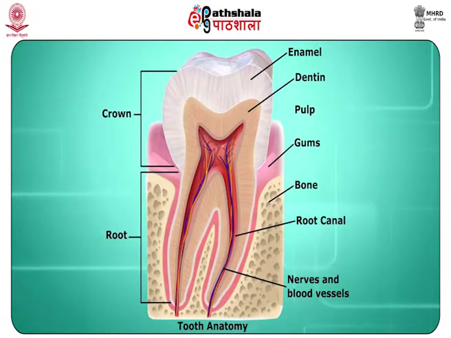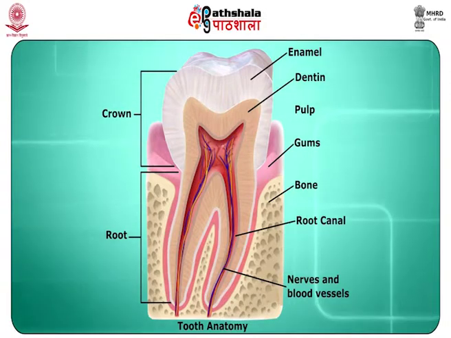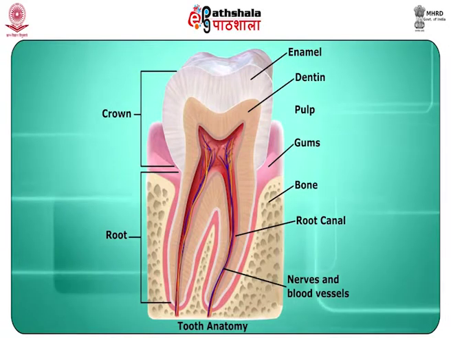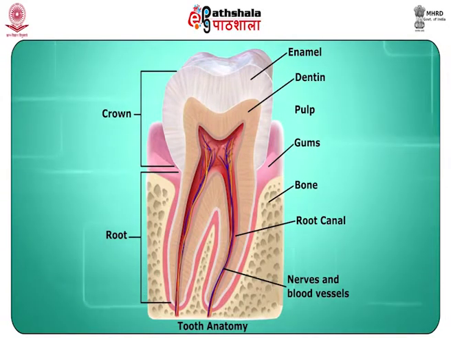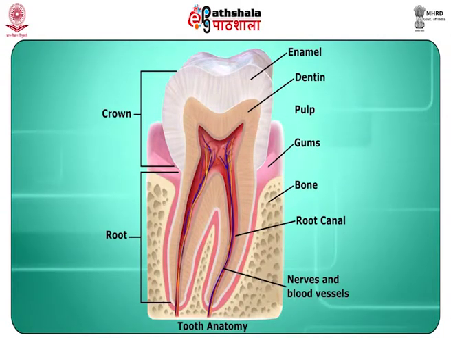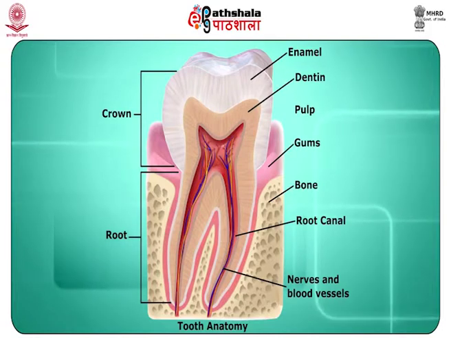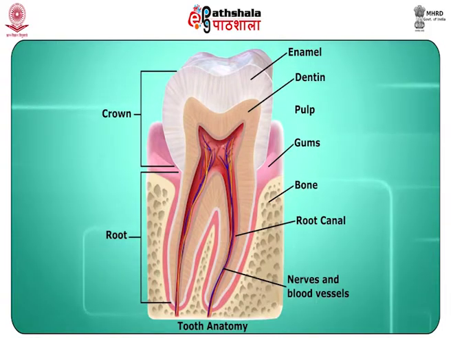The crown of the tooth is capped by enamel, which is the hardest tissue of the human body. Under the enamel, there is dentine, which comprises the bulk of the crown and root. Unlike enamel, dentine is alive and capable of transmitting pain. In the center of the tooth, there is a cylindrical canal of soft tissue which is referred to as pulp.